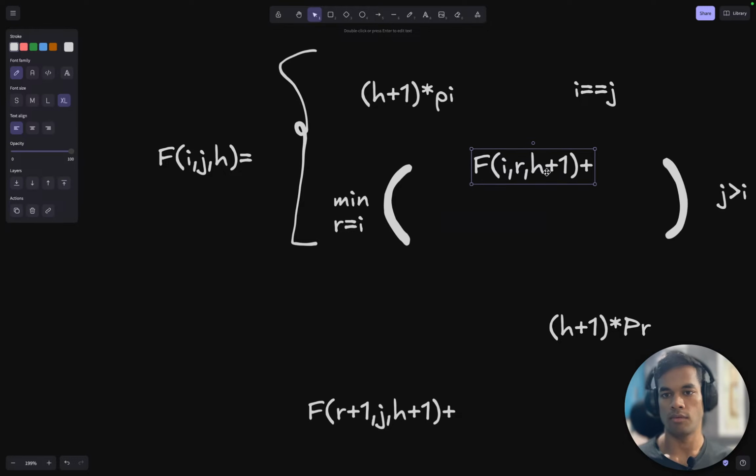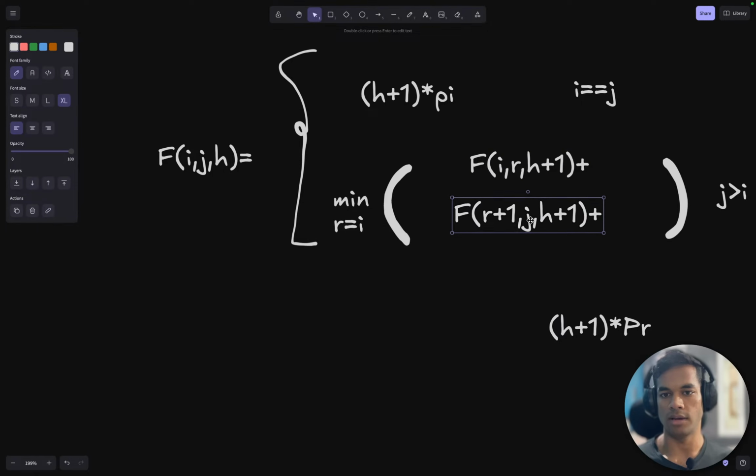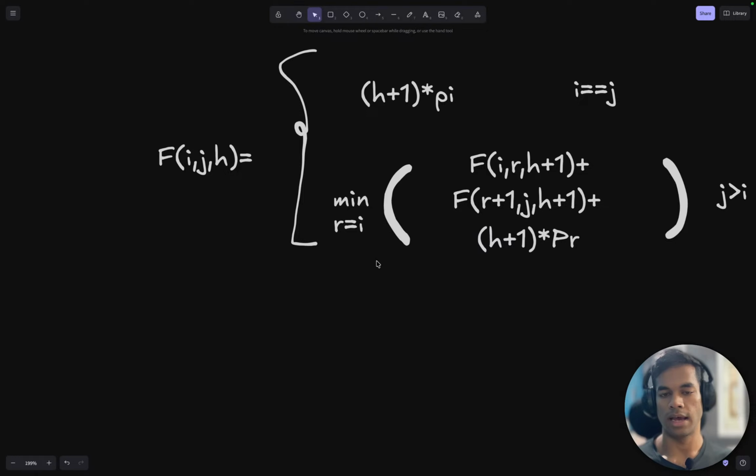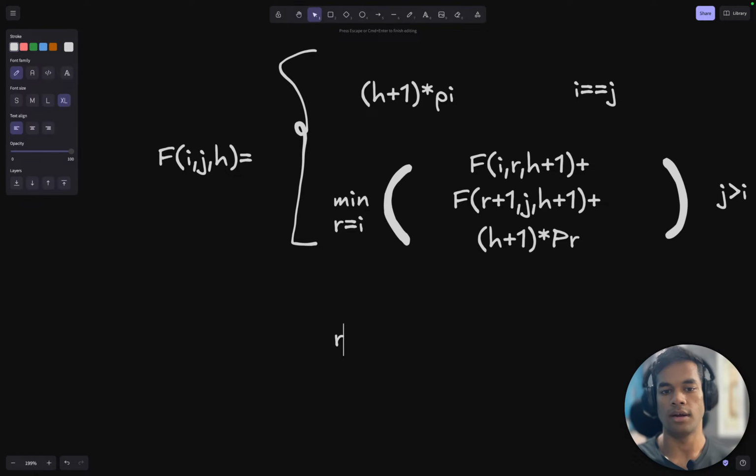We want the minimum value for this, and r goes from i till j minus 1.